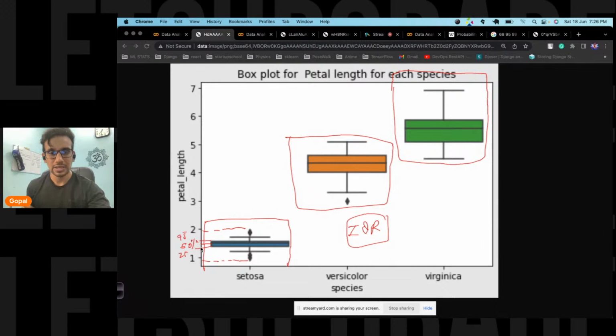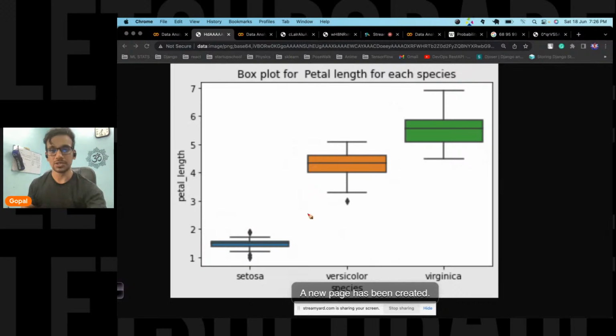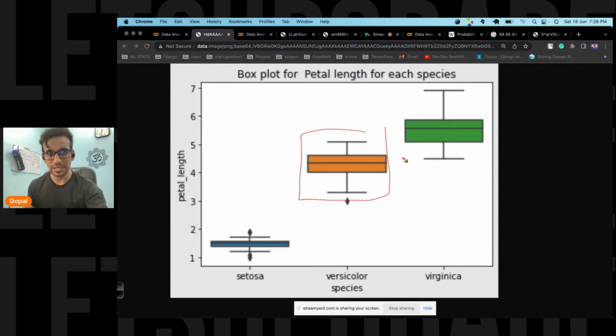And again, you can make the same observation, but this is where you can determine what exactly the overlap is between Setosa and versicolor. Can anyone in the chat tell me what the overlap is between Setosa and versicolor here, based on this, given that this is the 25th, 50th and 75th value?